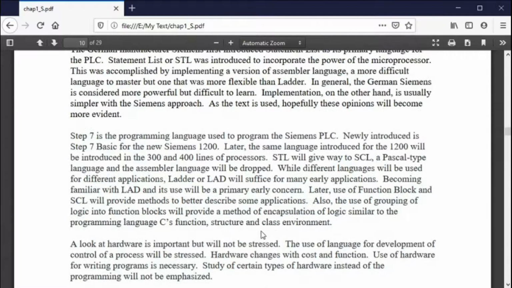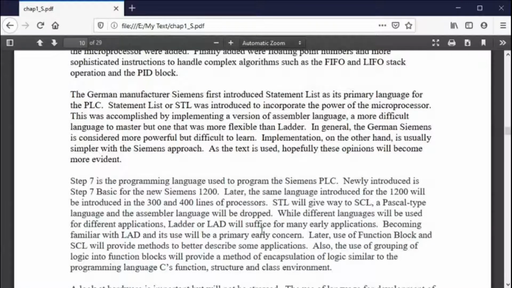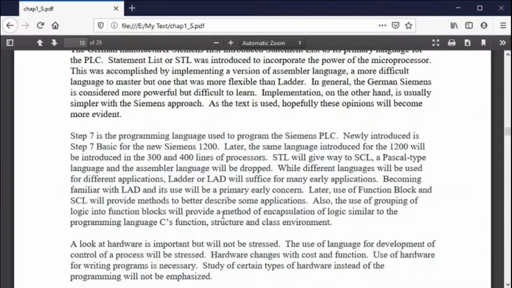Siemens did a little differently than the U.S. market did. They used as their primary language a language called statement list, and they taught it, and it is a version of assembly level language, and it's sort of unique in that it's very much like computer programming, line by line, whereas in the United States we tried to copy or emulate ladder diagrams, which was what we've been used to from the relay days.